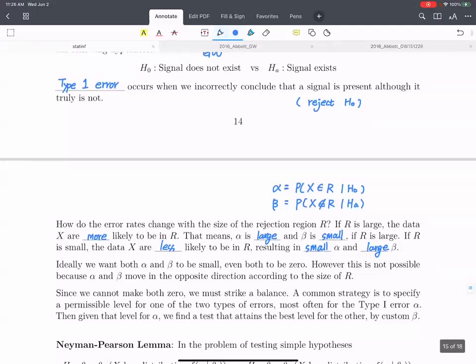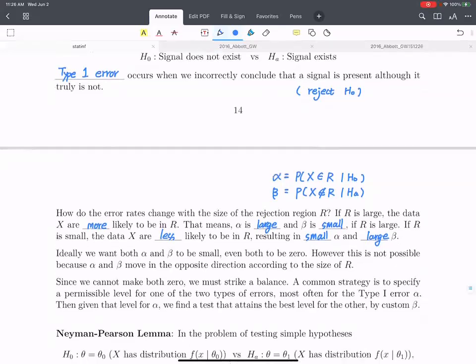Ideally, we want to minimize both error rates, but that is impossible because alpha and beta move in opposite directions depending on the size of the rejection region.